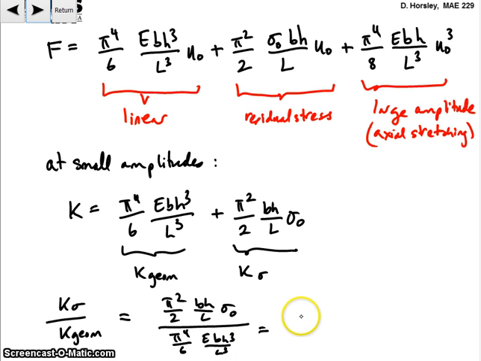And so we get 6 halves times 1 over pi squared, and 3 over pi squared is just about equal to 3, so I'm going to simplify things. We get L squared over H squared sigma naught over E.